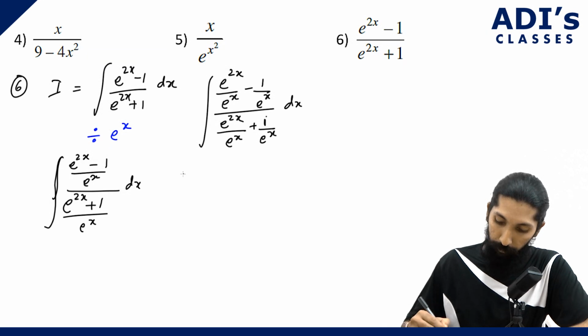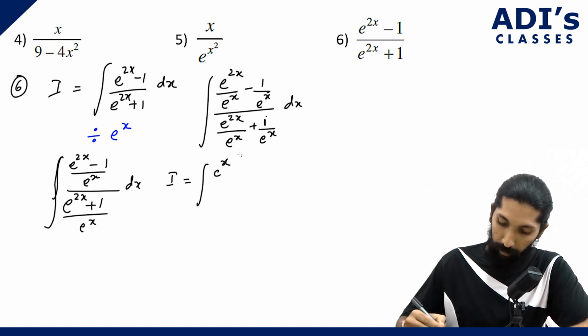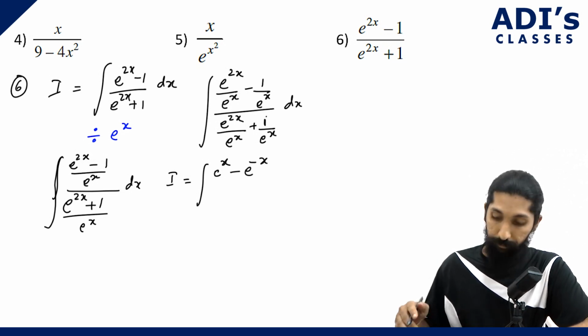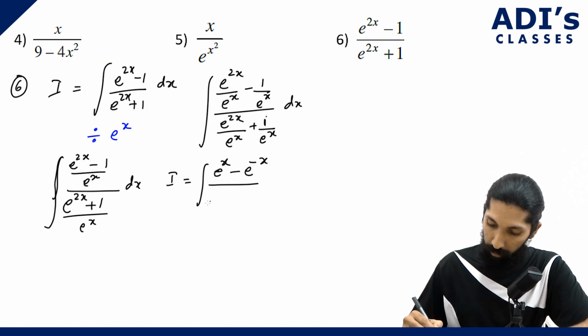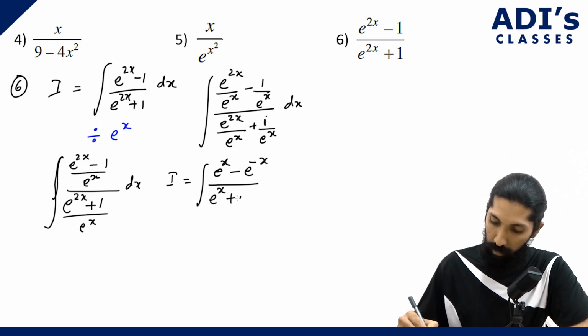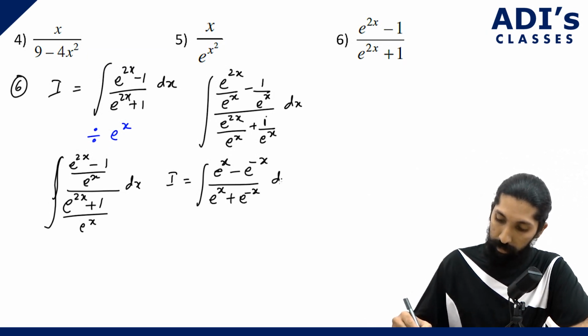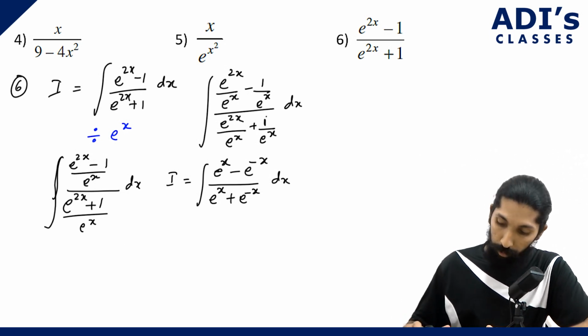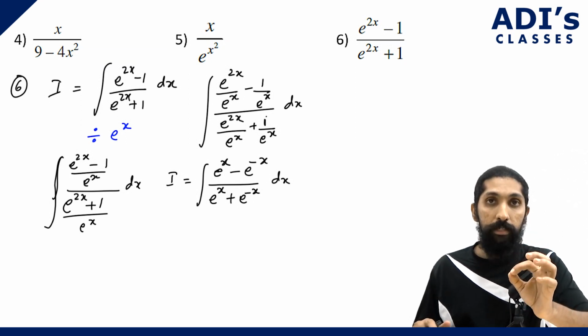So, what you will have, I is equal to the integral of e to the power of x minus e to the power of minus x divided by e to the power of x plus e to the power minus x dx. Right? Now what you do, take the denominator as t.